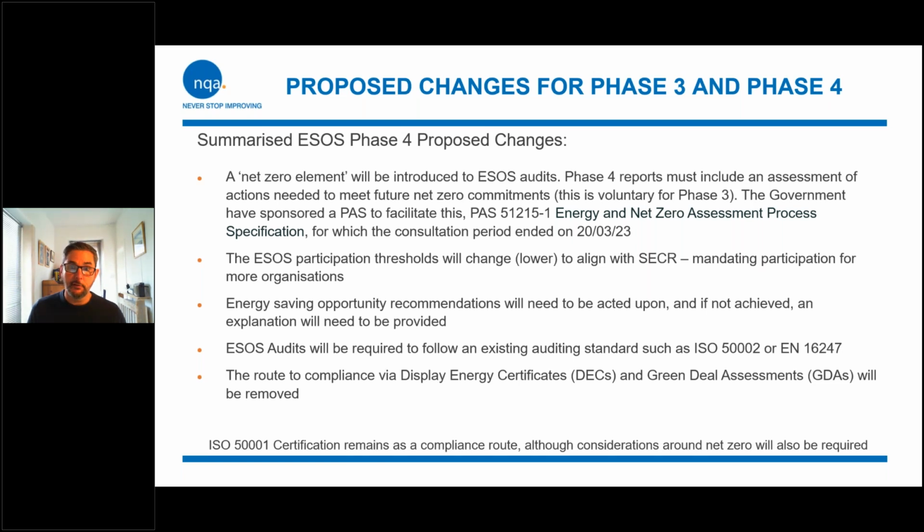However, ISO 50001 certification will remain, as far as we know at the minute, as a compliance route, although because ISO 50001 is an energy management system standard, there will be additional requirements around the carbon side of things. So the net zero side of things will also need to be included by phase 4 as well.